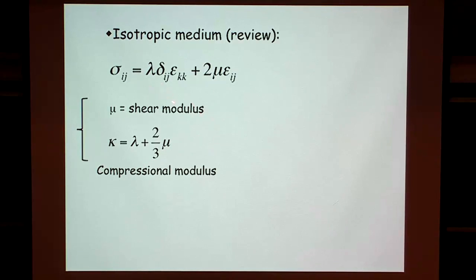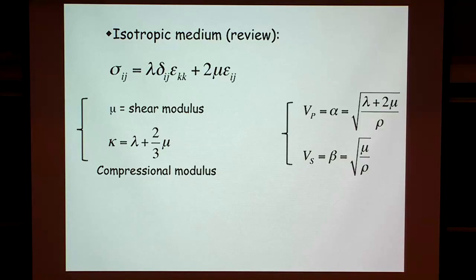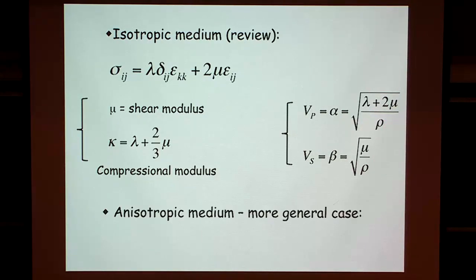We can define this relationship either using the shear modulus and the compressional modulus, or the Lamé parameters lambda and mu, with a relationship between them, or we can introduce the velocities of the seismic waves, the P wave velocity and the S wave velocity, shear wave velocity, which relate to the other parameters like this, introducing the additional parameter of density.